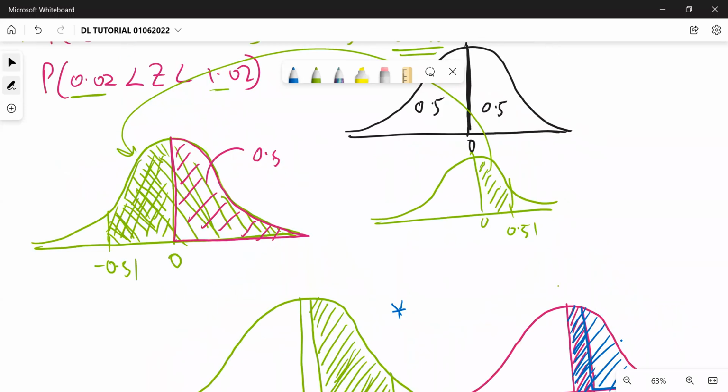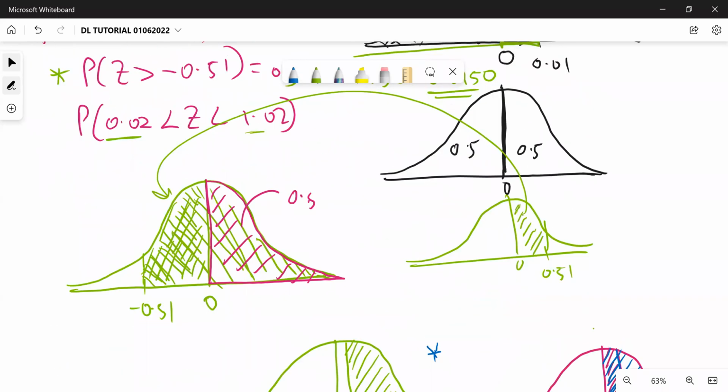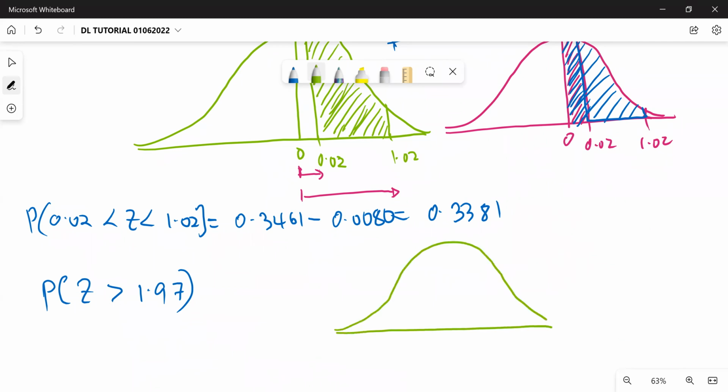Okay. So maybe you can have a last example there. I think there's something I've not given here. For example, if you want to find a probability that Z is greater than 1.97. If you want to find that probability, of course, the starting point will be to do a sketch so that you can visualize the area that we're talking about. We're talking about 1.97, the area above.